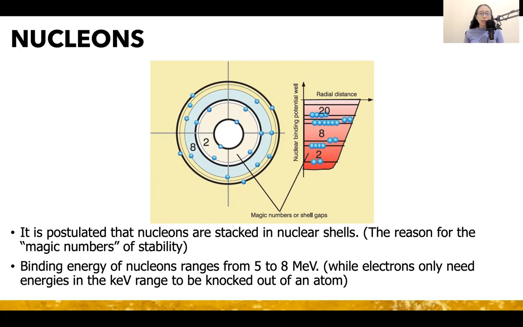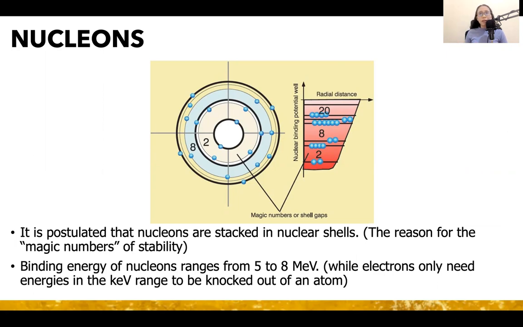Now, interestingly, there is a theory, and this theory is supported by experimental evidence, regarding the arrangement of your nucleons in the nucleus. So they postulate that the nucleons are stacked in what we call nuclear shells, much like your electron shells.